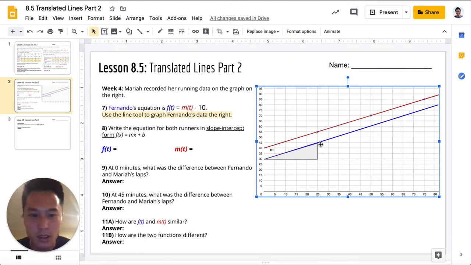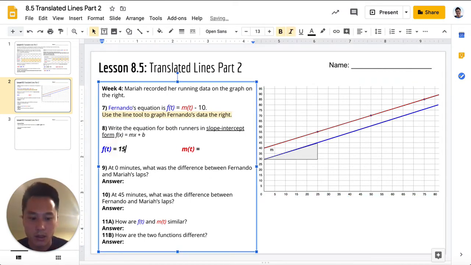So I can look at the difference in y and the difference in x between those 2 points. So I know the change in y between those 2 points, I'm going from 45 laps minus 30 laps. So the change in y is 15.